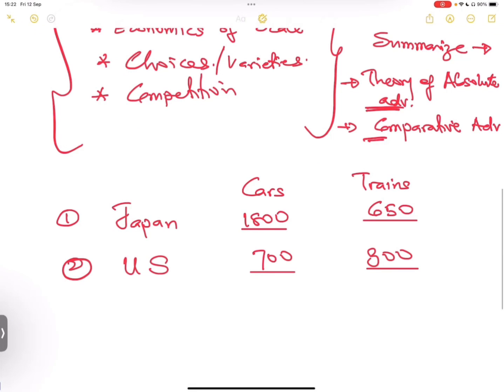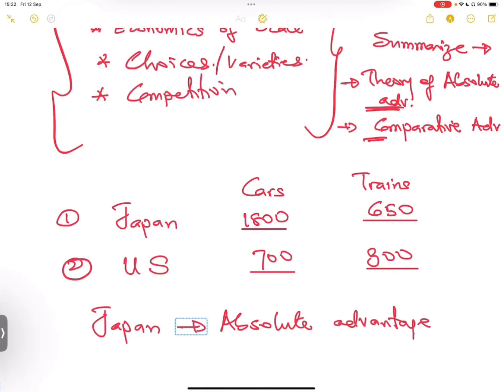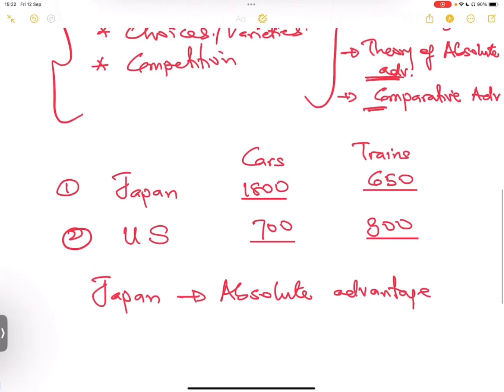In terms of advantage here, obviously, Japan has what you would call an absolute advantage. Because when you look at each production in isolation, separately, you realize that Japan actually is producing more than US, both number of cars and number of trains.